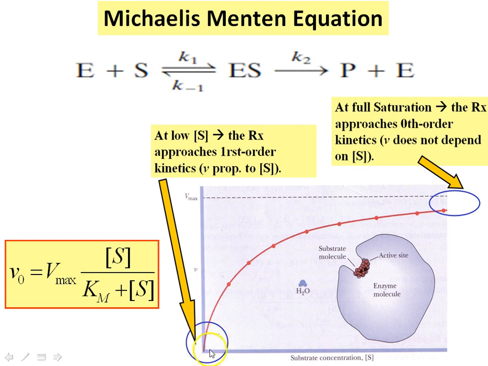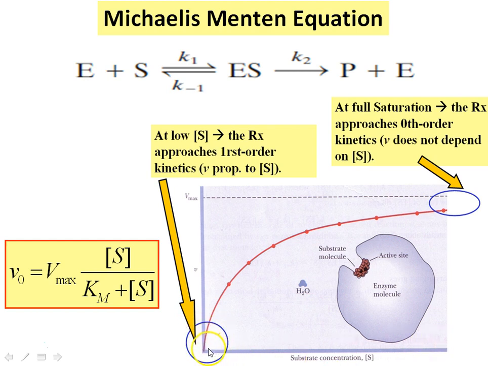This is the substrate concentration versus the velocity of the reaction. In this region, at very low substrate concentration, you double the substrate concentration, you double the velocity of the reaction. They are proportional, so it is first order kinetics at that end of the scale.